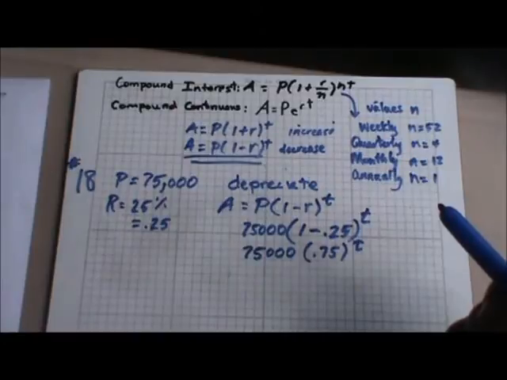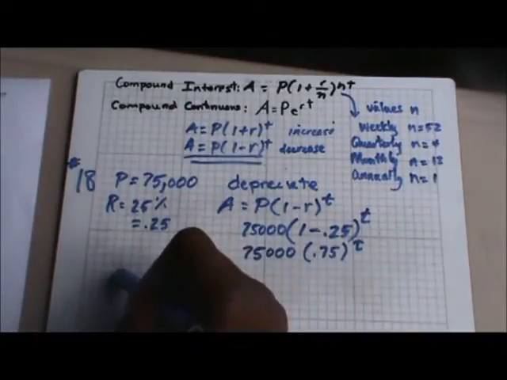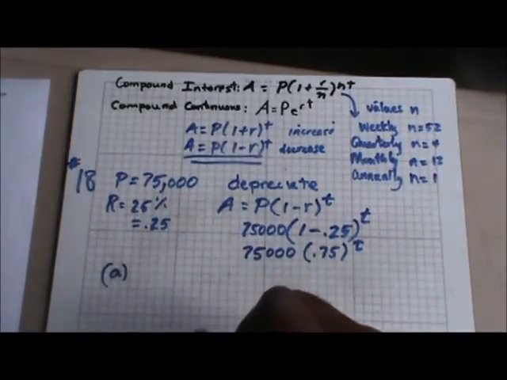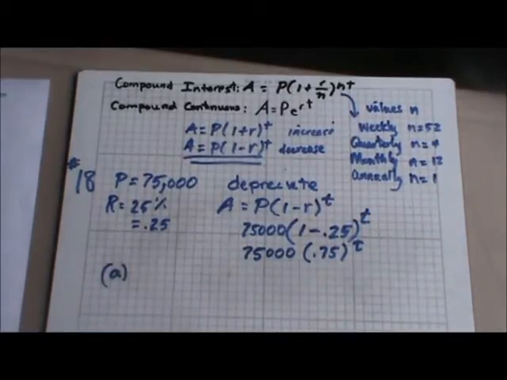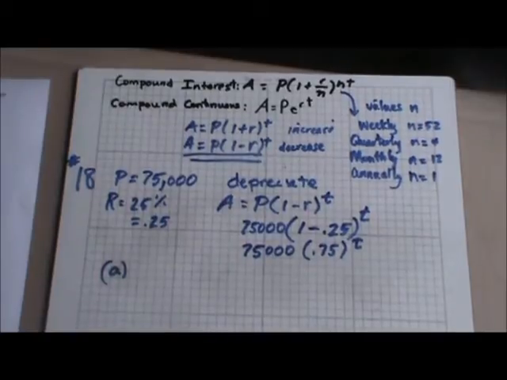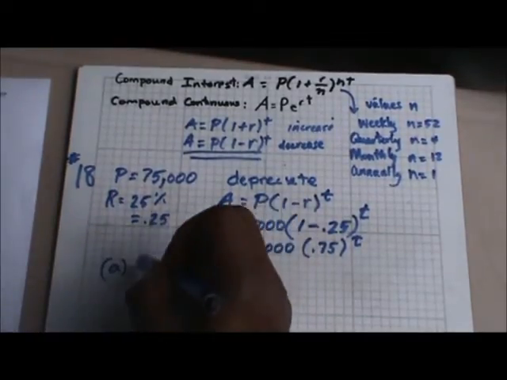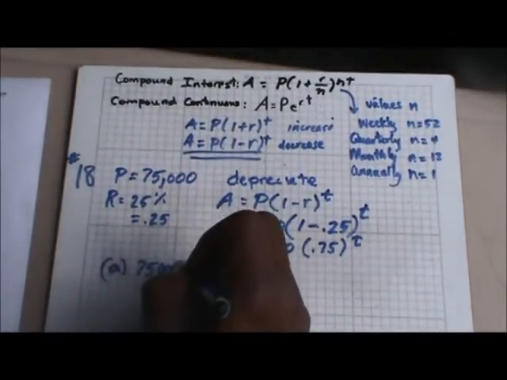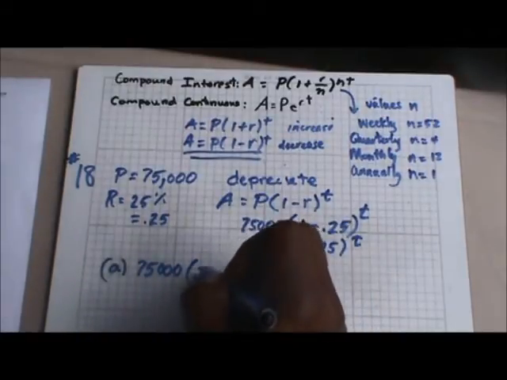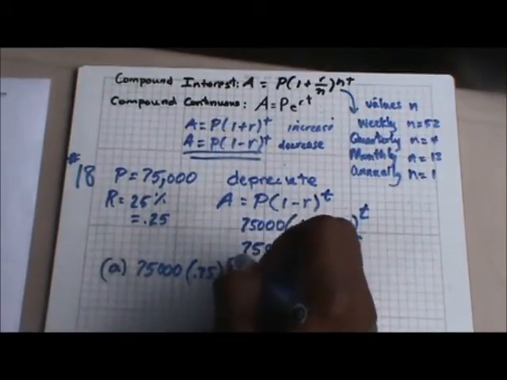It asks what will the car be worth to the nearest dollar after 5 years? So we're talking about t equaling 5: 75,000 times 0.75 to the 5th power.